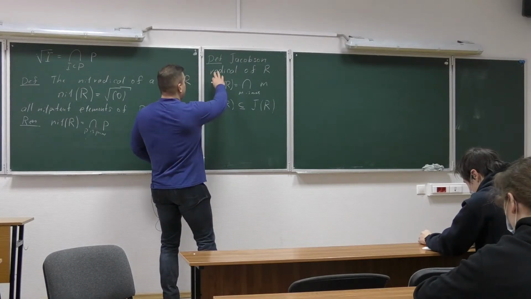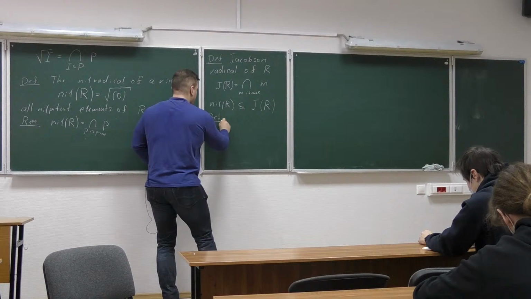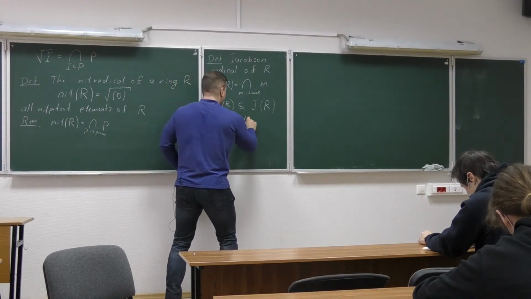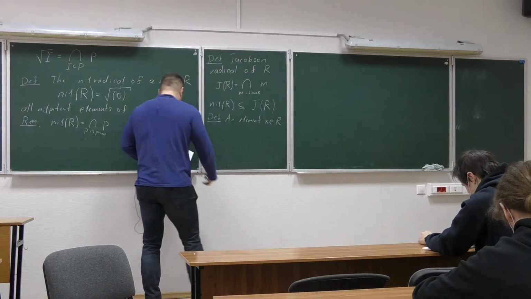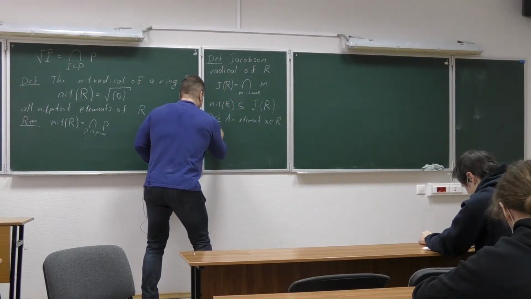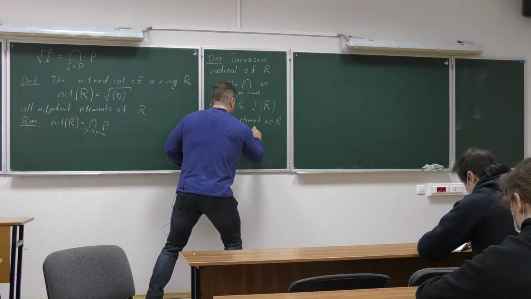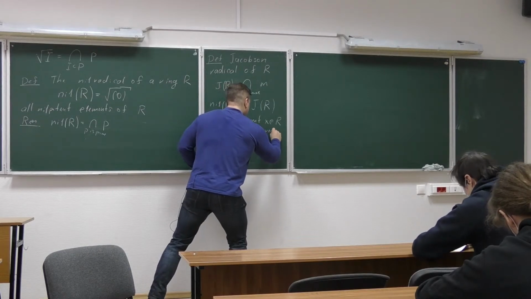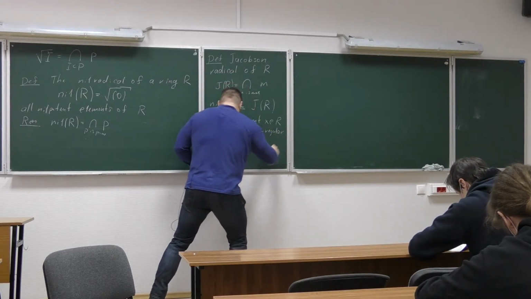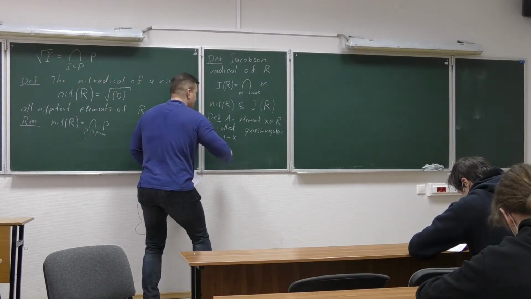Okay, so to analyze elements of the Jacobson radical, I also need another definition. An element x in the commutative ring R is called quasi-regular if 1 minus this element is invertible.